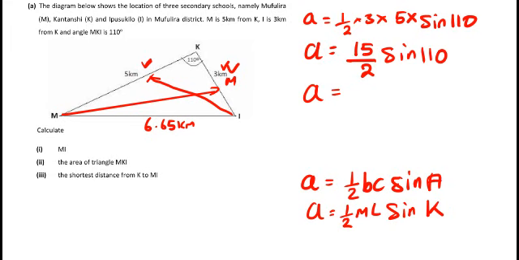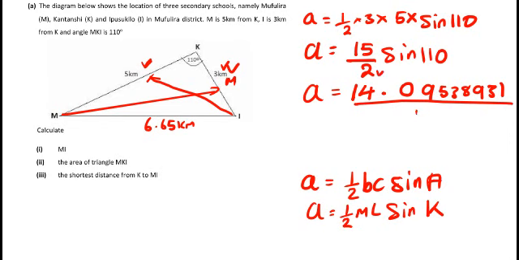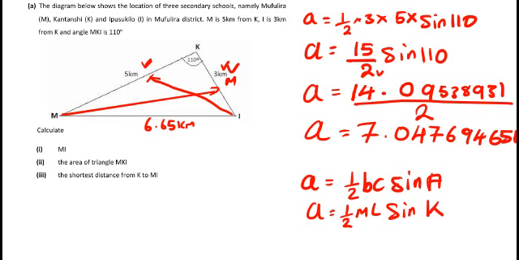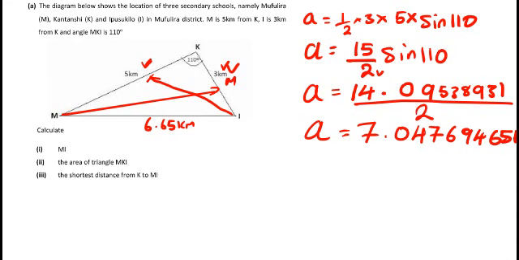110. We are going to get 14.09538931, and then you divide this by the 2 that we are having, and then you say area is equal to, when you divide by 2, we are going to get 7.047694656, and then you say therefore area is equal to, now you round off to 3 significant figures.